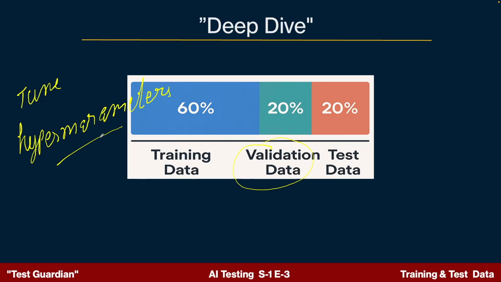You fine tune it and then use that model again. Why? To avoid overfitting. That is also something you need to remember. You train the model, use the validation data, then you fine tune the hyperparameters to avoid overfitting, and then you test the model using test data. That is the workflow.